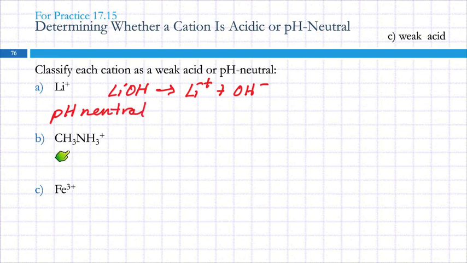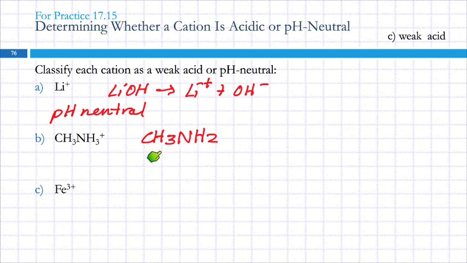What about this guy? We couldn't take a hydrogen ion off of that because it didn't have a hydrogen ion. But this one has hydrogen ions. So if we take a hydrogen ion off of that, we get CH3NH2. This is ammonia where it swapped out hydrogen for something else.